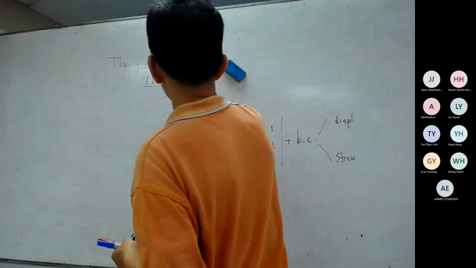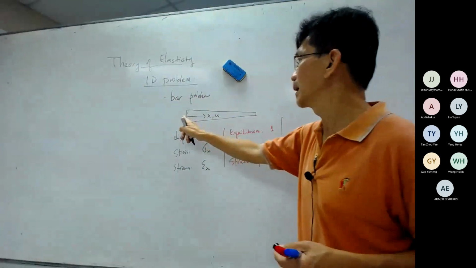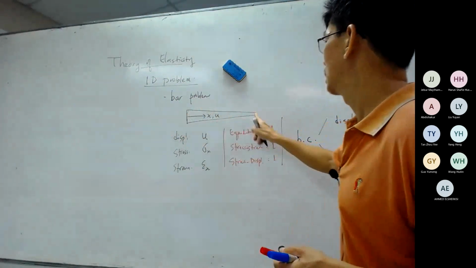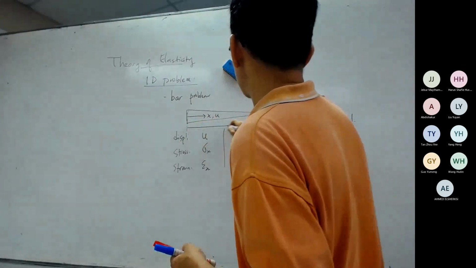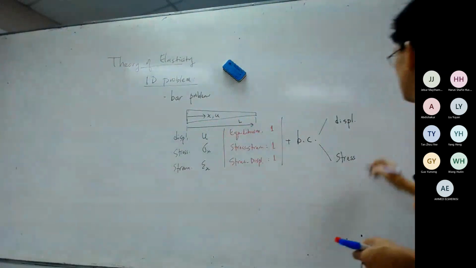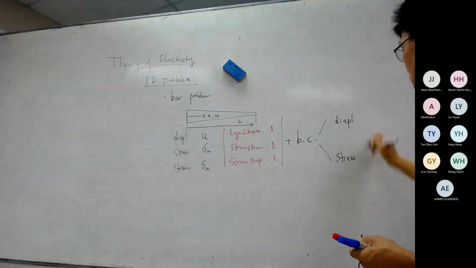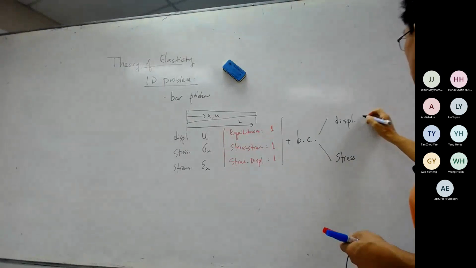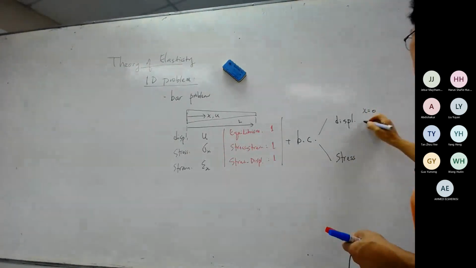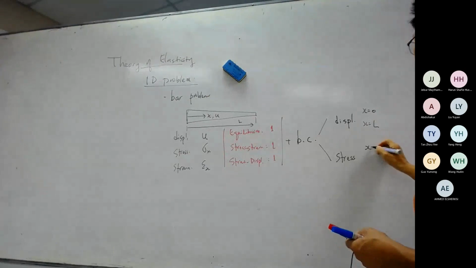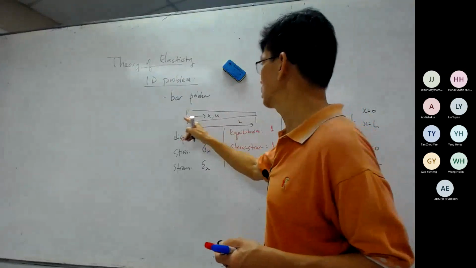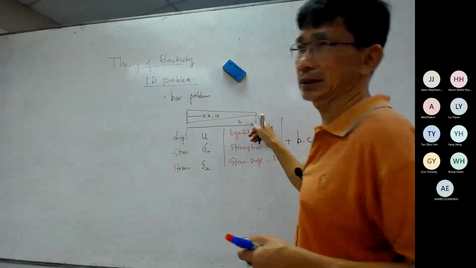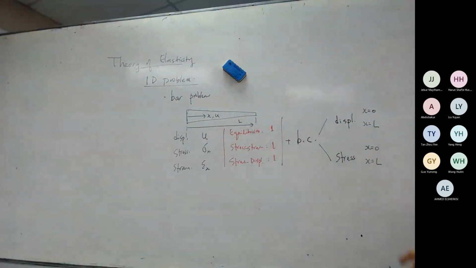The boundary conditions are what happens for the bar problem here when x is equal to 0 and x is equal to the other end, which, let's say, has dimension L. So boundary conditions here mean at x equal to 0 or at x equal to L. If your x starts from here, x equal to 0 means this end here. There are only two ends.